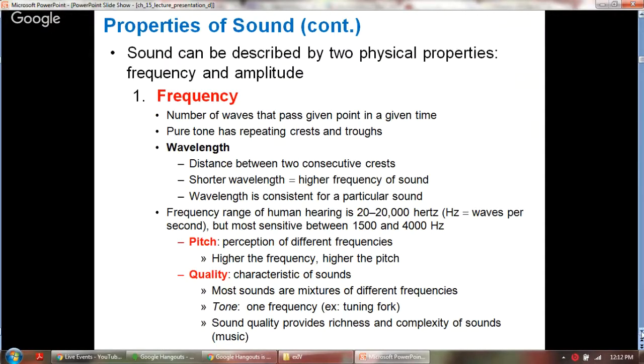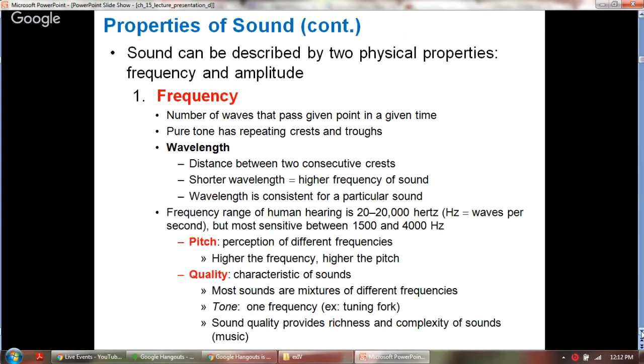Sound can be described by two physical properties: frequency and amplitude. Frequency is the number of waves that pass a given point in a given time. The pure tone has repeating crests and troughs. The wavelength is the distance between two consecutive crests.